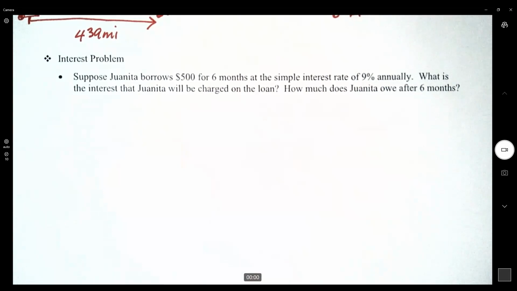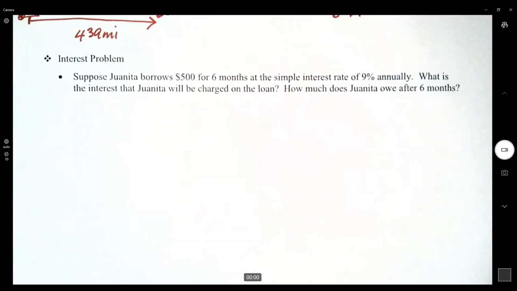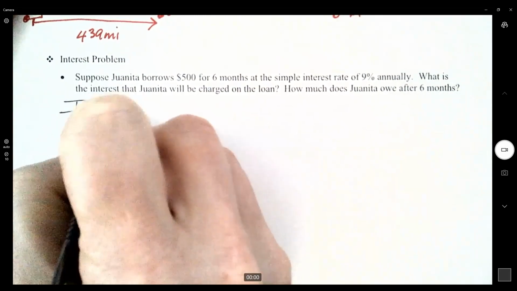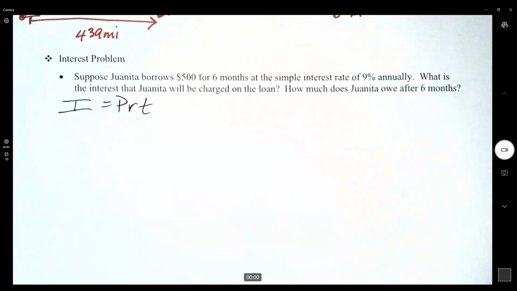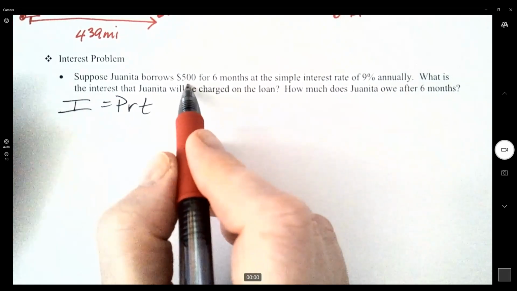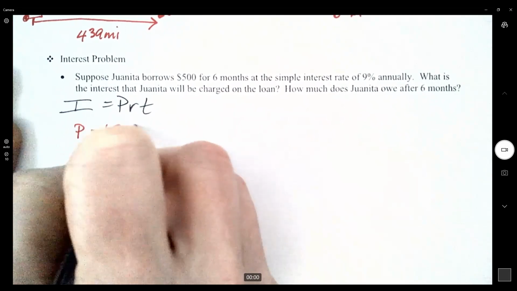So the question that's being asked is, what is the interest that will be charged on the loan? Well, if you remember from the first page, we did come up with a simple interest formula, which was I equals PRT. What do I know from this question? $500 is the amount of the principal, so P is $500.